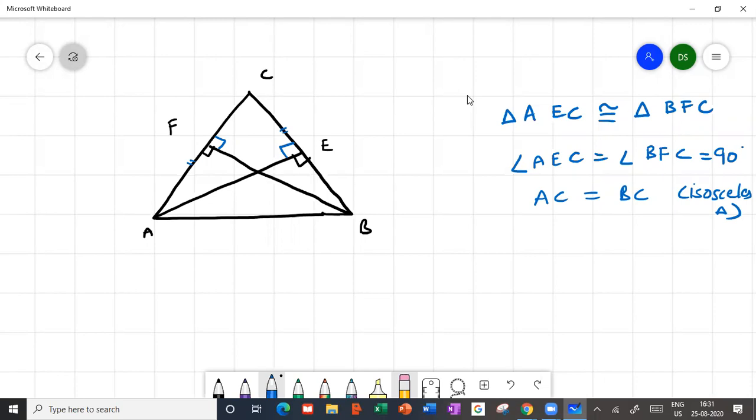So, and angle C is common. So, which test of congruency is this? It will be angle side.